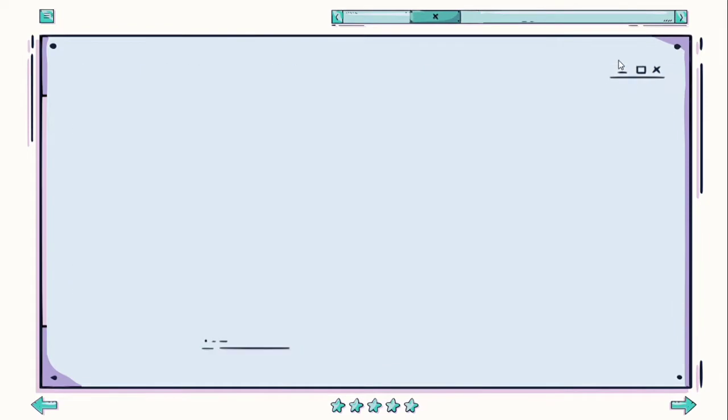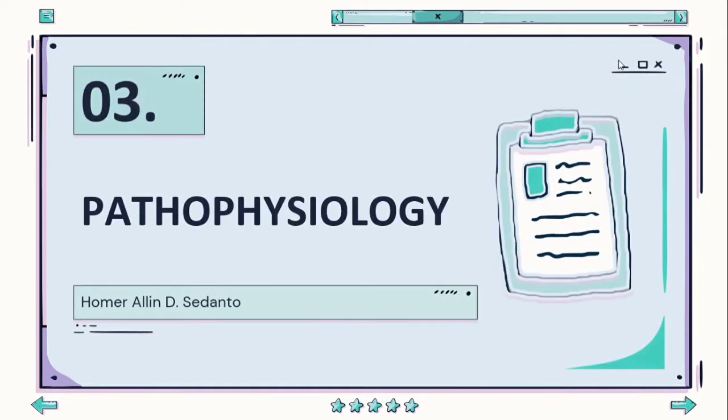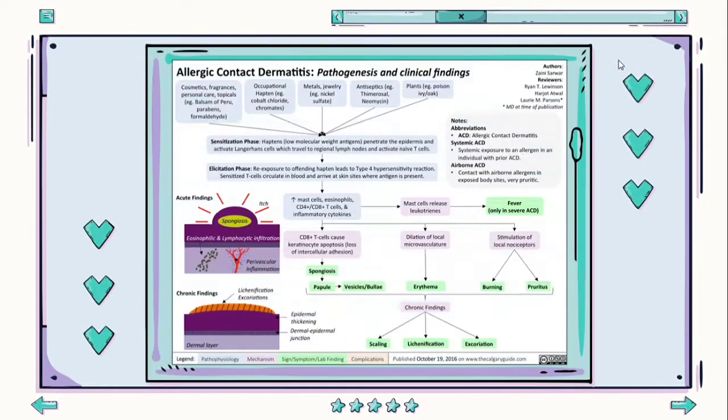For the pathophysiology of allergic contact dermatitis, it can either be systemic or airborne. Systemic, in which one can be exposed to an allergen in an individual with prior ACD. Airborne, if it has contact with airborne allergens in exposed body sites, and it will be very pruritic.